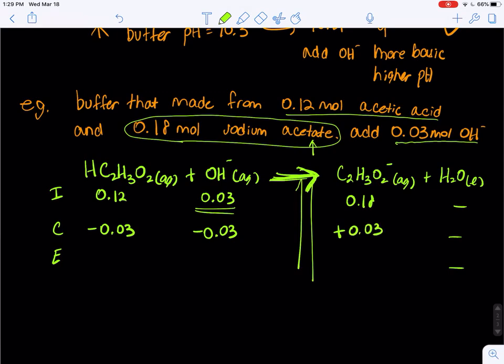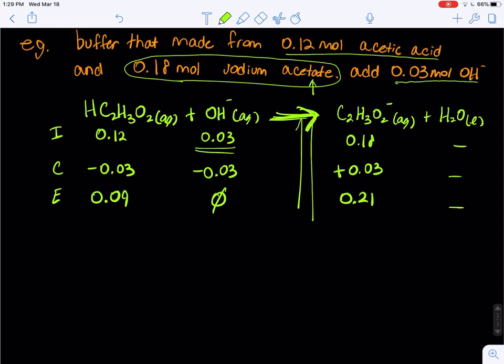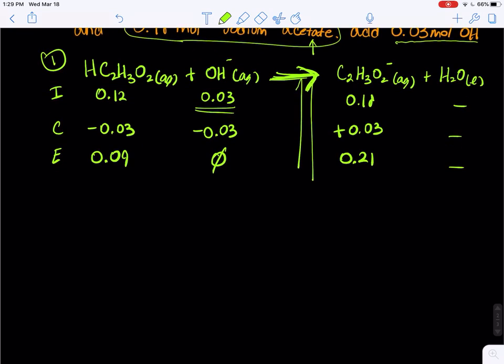Okay, and then you'll want to add these, do your subtraction here. This is 0.09, this is nothing. We have 0.18 plus 0.03 is 0.21. Okay, so first is to write out the chemical reaction, get all this ice table.